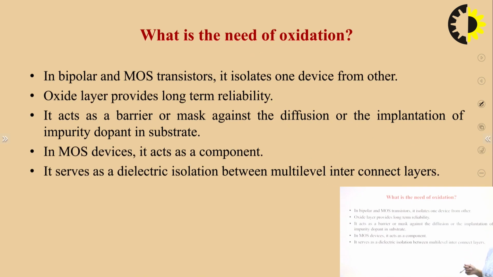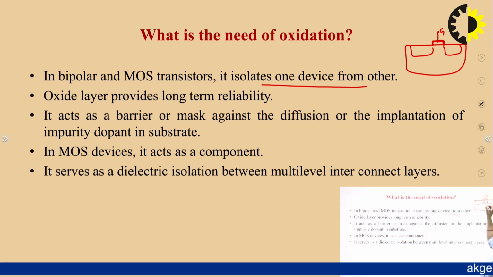So what is the need of oxidation? As we are studying oxidation, we should know why it is important. First, in bipolar and MOS transistors, it isolates one device from another. This is our basic MOS structure. Here you can see there is an oxide layer and this is your gate terminal. This oxide layer is used to isolate the gate terminal.